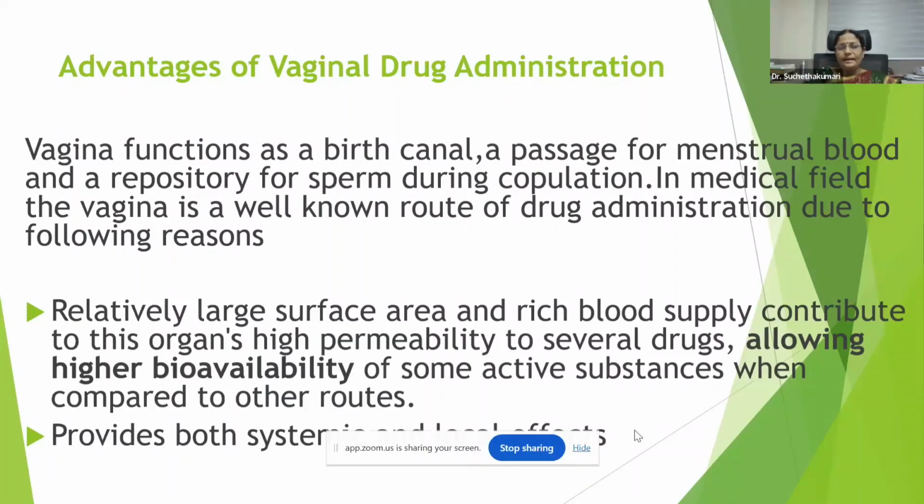The relatively large area and rich blood supply in the vagina contribute to high permeability to several drugs, allowing higher bioavailability of some active substances when compared to other routes. It provides both systemic as well as local effects.